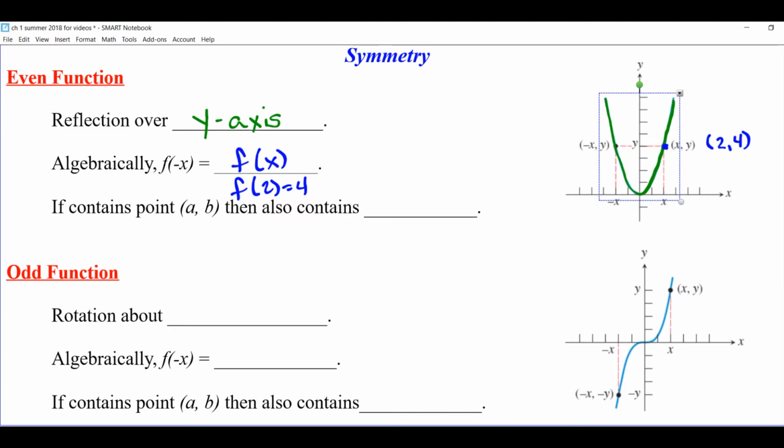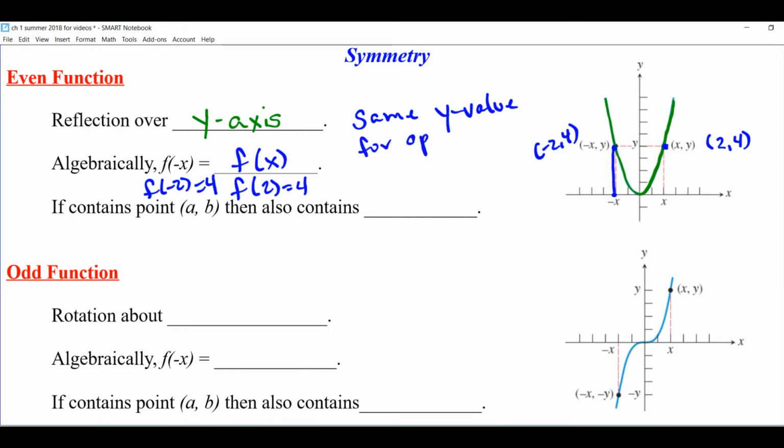So if I do f of negative 2, f of negative 2 is also going to give me 4. So this is the point (-2, 4). So f of negative 2 equals 4. This is simply saying that when we put in x or its opposite, we're going to get the same y value out. So this is the same y value for opposite x values.